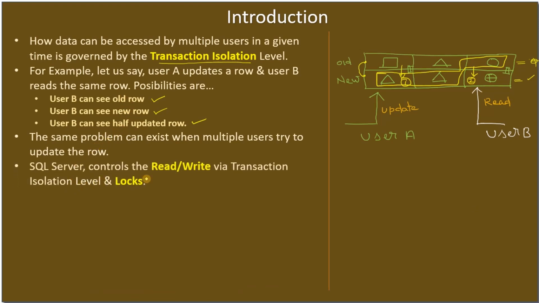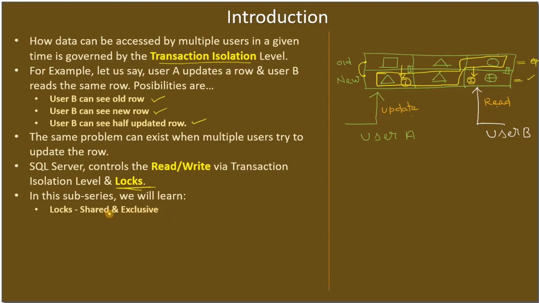SQL Server controls the read or write via transaction isolation level and locks. So update is a write operation, and this one is the read. So SQL Server controls such reads and writes in a multiple user environment via transaction isolation level as well as locks. In this sub-series, we will learn about locks.